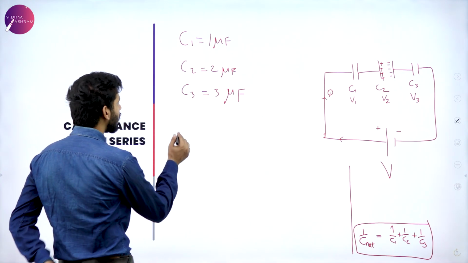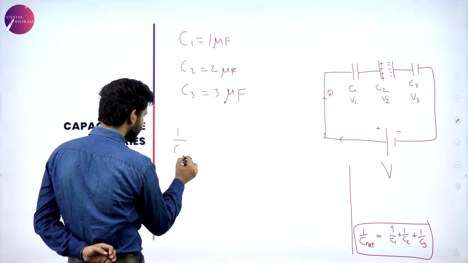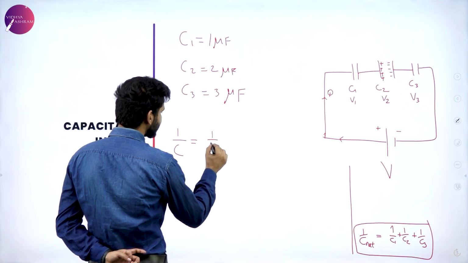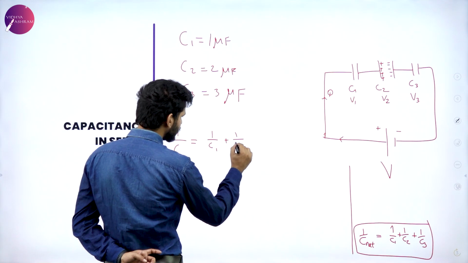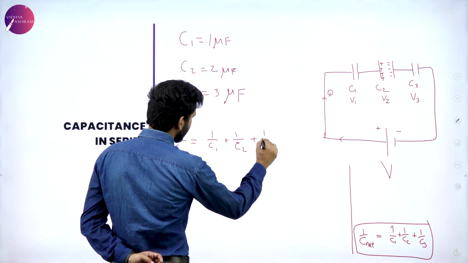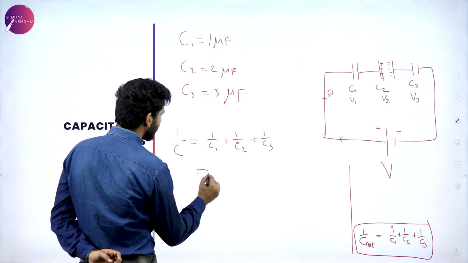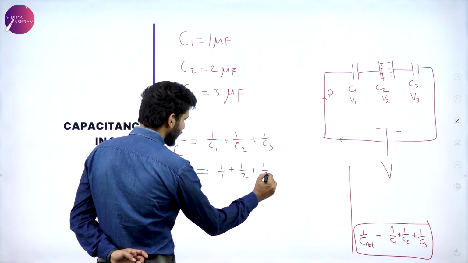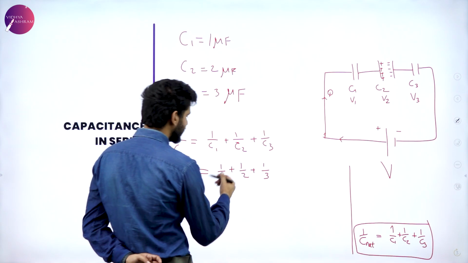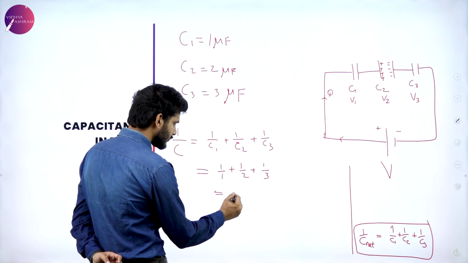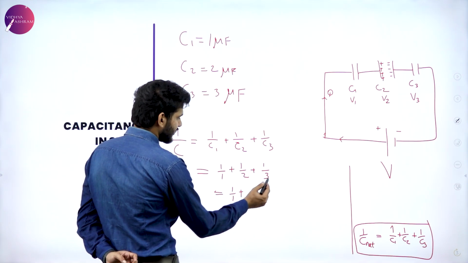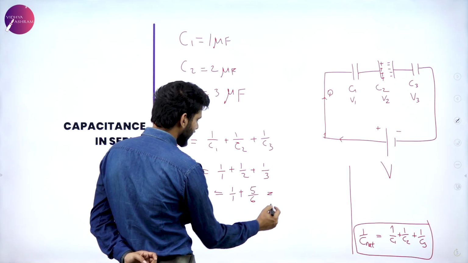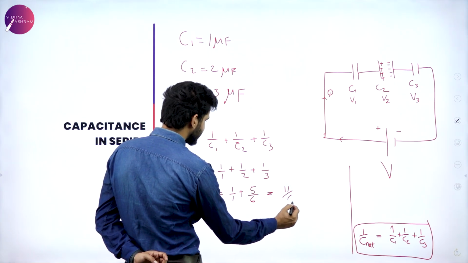So we know from the formula that the net capacitance can be written as 1 by C is equal to 1 by C1 plus 1 by C2 plus 1 by C3. So it can be written as 1 by 1 plus 1 by 2 plus 1 by 3. So I can write it as 1 by 1 plus 3 plus 2, 5 by 6, which can be written as 11 by 6.